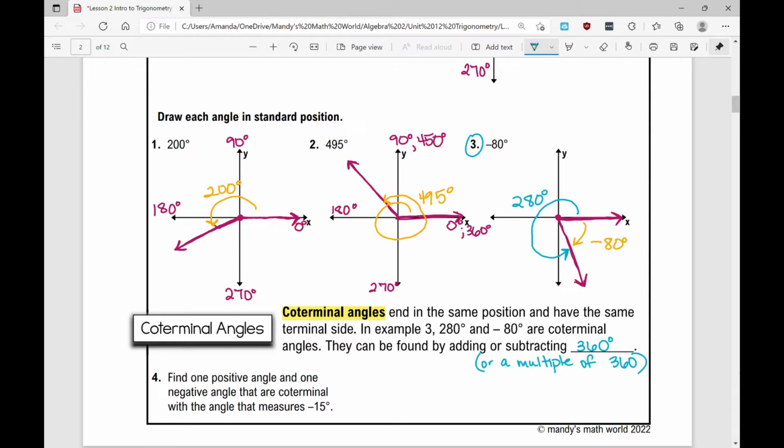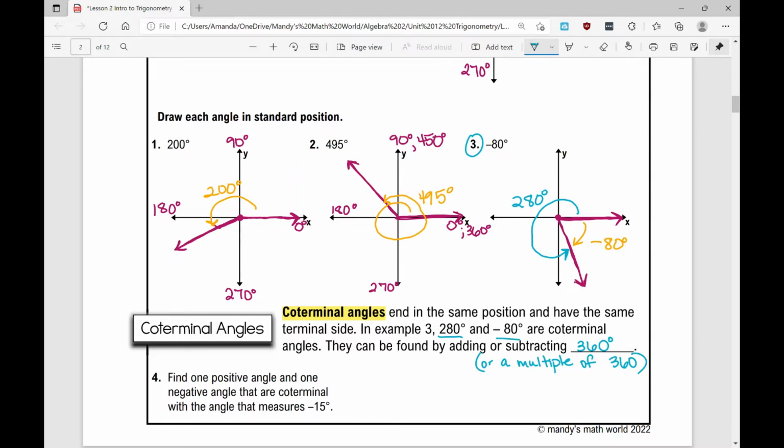I would start with my initial side on the x-axis, and I would rotate the terminal side counterclockwise, and it would end right here. That's the same terminal side of the angle negative 80 degrees, which means 280 degrees and negative 80 degrees are coterminal angles. They end in the same position.